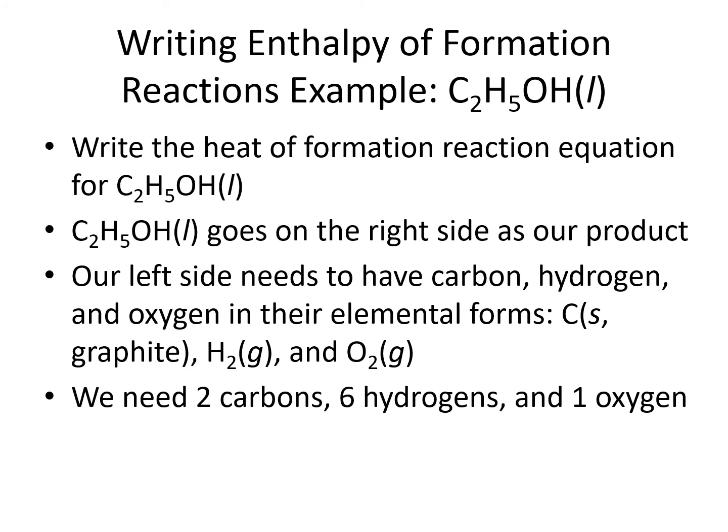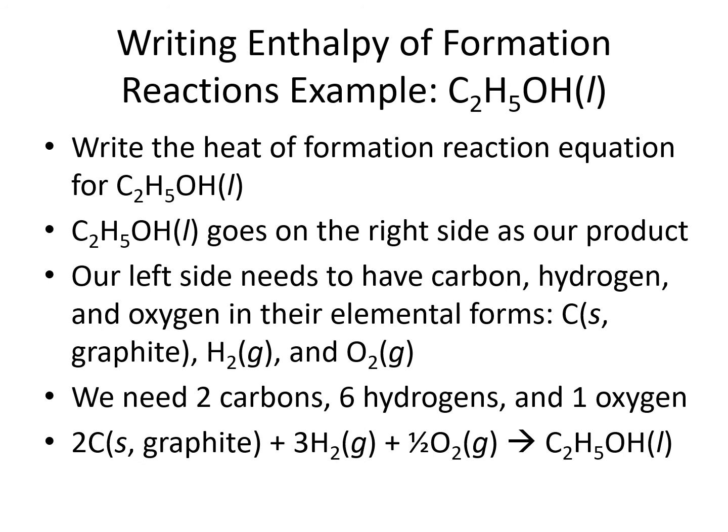But we're stuck with the particular ways of writing each element. So if we want 2 carbons, we can just put a 2 in front of our carbon solid graphite. If we want 6 hydrogens, we can put a 3 in front of our H2 gas. So 3 times 2 gives us 6. And then if we want 1 oxygen, we're going to have to put a 1/2 in front of our O2 gas.